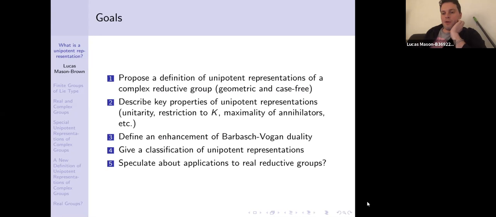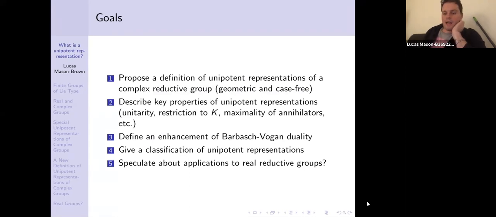One of the big problems with this idea is that there is no completely satisfying definition of unipotent representations. So in this talk, I'm going to provide a geometric definition of unipotent representations for a complex reductive algebraic group. I'm going to describe some of the key properties of these representations. Most importantly, their unitarity, their restrictions to a maximal compact subgroup.